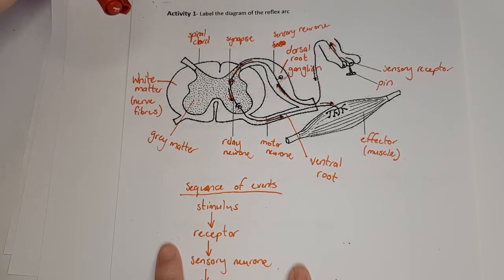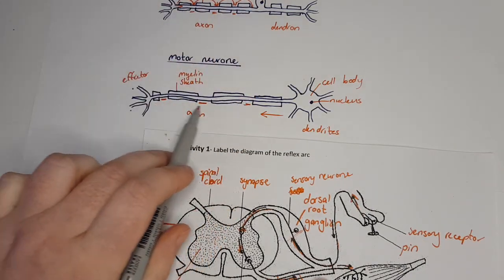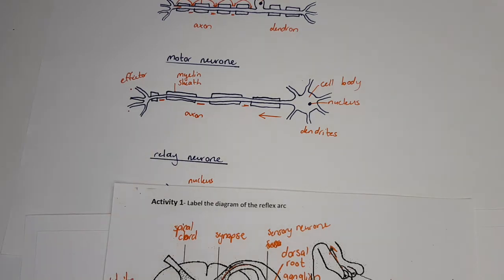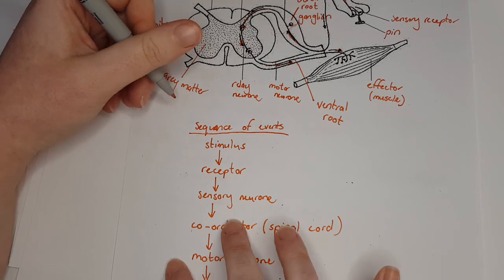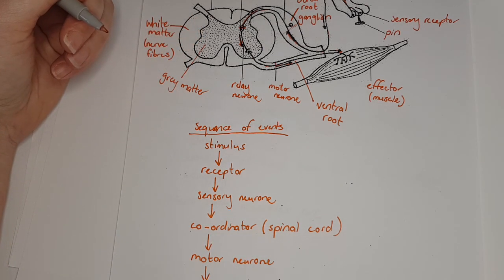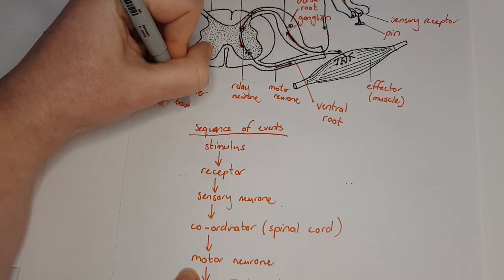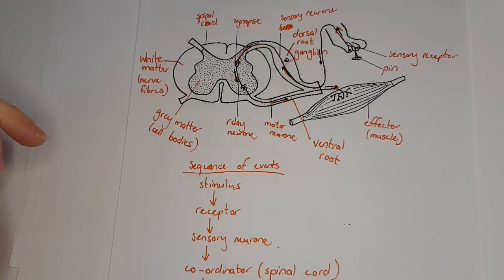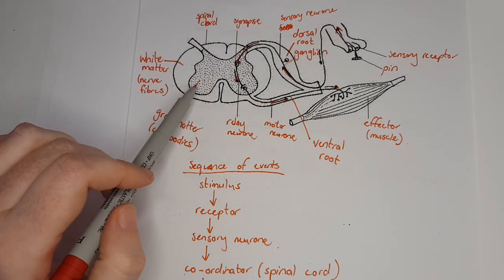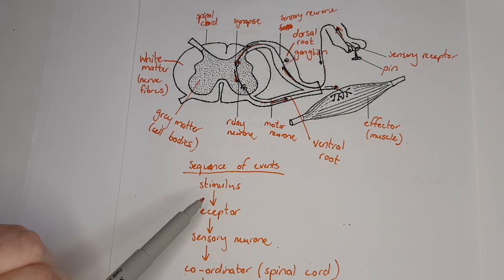Okay, and our nerve fibers would be these long parts of our nerves, as well as in our relay neuron. The gray matter area is where we are going to have all of our cell bodies. Okay, so our white matter is where we have our nerve fibers, and our gray matter is where we have the cell bodies in there, and that's what makes them the color that they are, because the cell bodies show up darker than the nerve fibers.